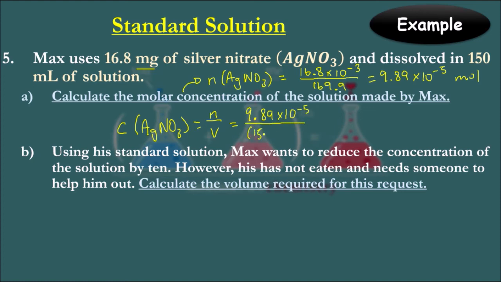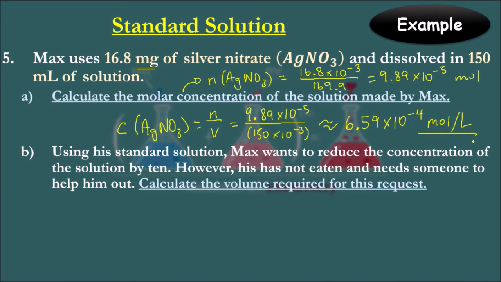This is where we put in the 150 × 10^-3, and if we have a look, 3 sig figs seems to be the number that we have here. One could argue maybe that the 150 is 2, but let's just say it's 3 in this case. So it's 6.59 × 10^-4 moles per liter. So that's how you do that question there.